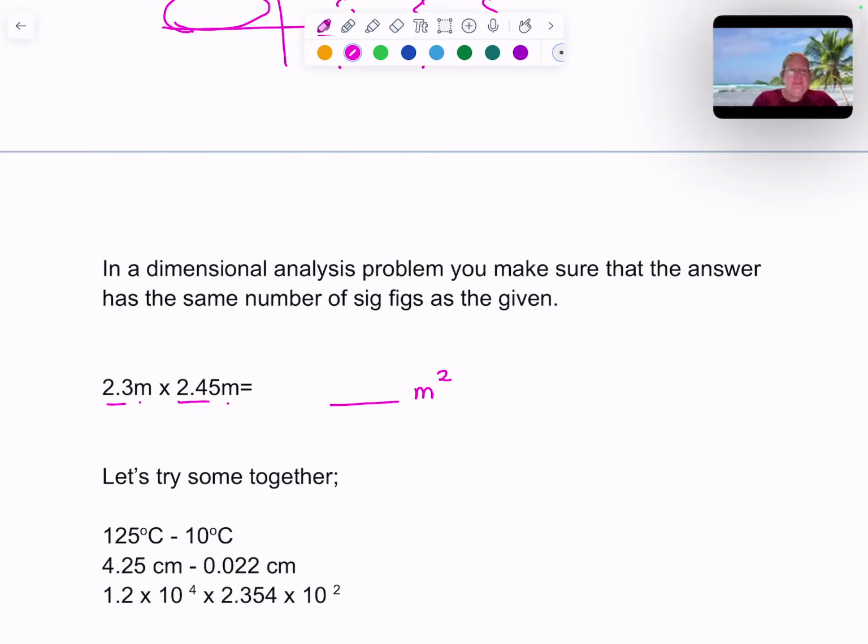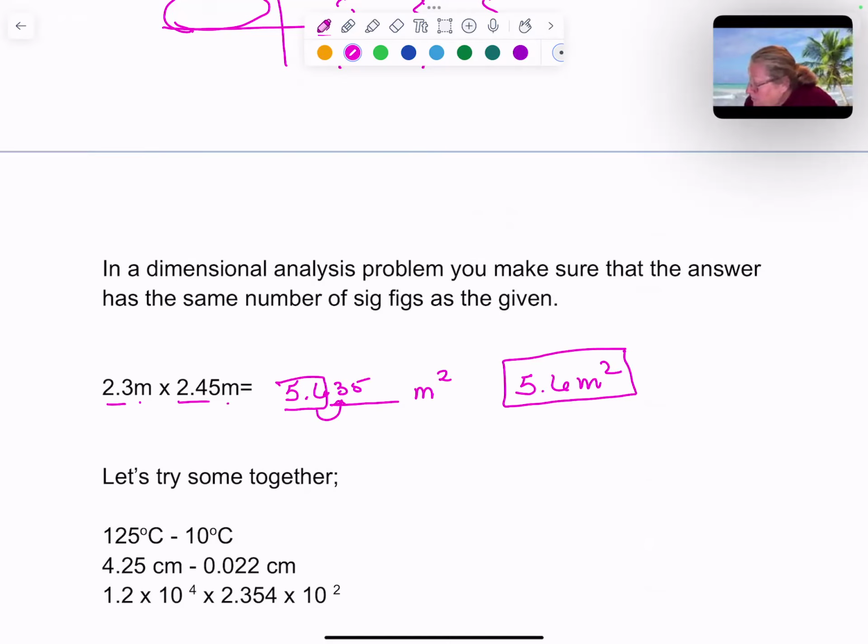But if we took 2.3 times 2.45, we would get an answer of 5.635. Well, I have to round that to 2 figures. So I'm going to look to the right. That 3 is going to leave the 6 alone. So 5.6 square meters would be the answer that I would put in my box.